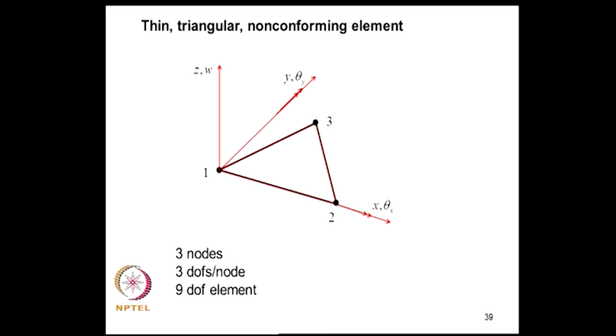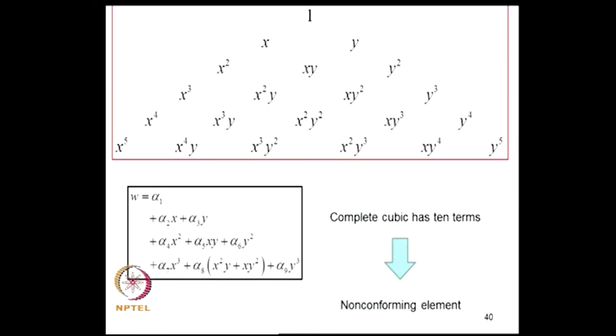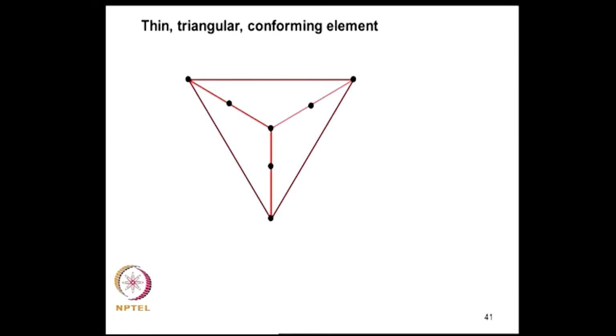Now, how do we proceed here? There is one approach to develop a conforming triangular element. So, what we do is, suppose we consider a triangular element 1, 2, 3, we identify an internal node, an internal point, and form 3 triangles.